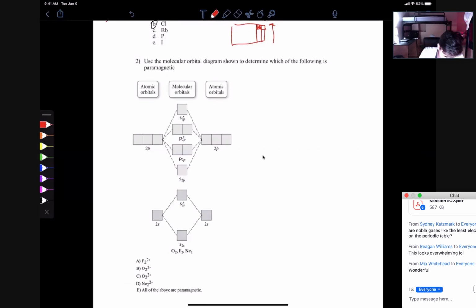So go ahead and do this one. I'll give you guys 3 minutes to work on it, and we'll go through the answer. It is, honestly, easier than it looks. It looks super hard, but once I go through the answer, you'll see how it's really just not that bad.